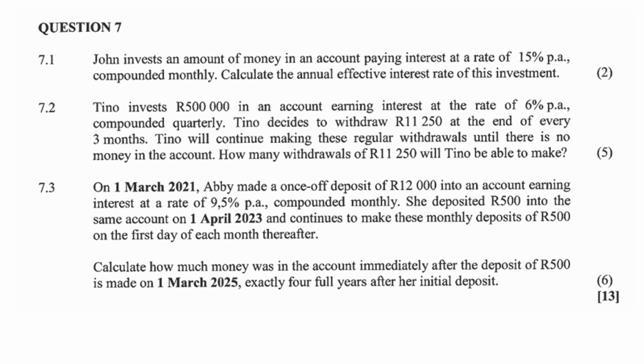7.3. On 1st March 2021, Abby made a once-off deposit of 12,000 Rand into an account earning interest at a rate of 9.5% per annum, compounded monthly. She deposited 500 Rand into the same account on 1st April 2023 and continues to make these monthly deposits of 500 Rand on the first day of each month thereafter.